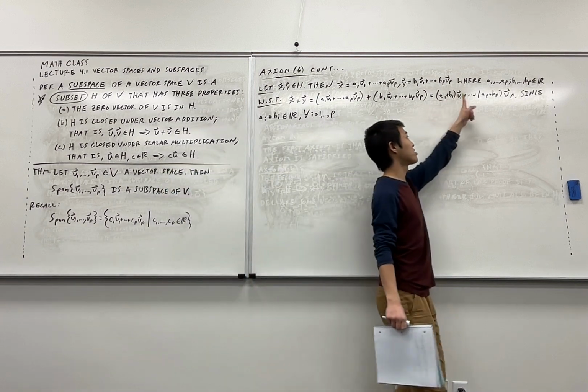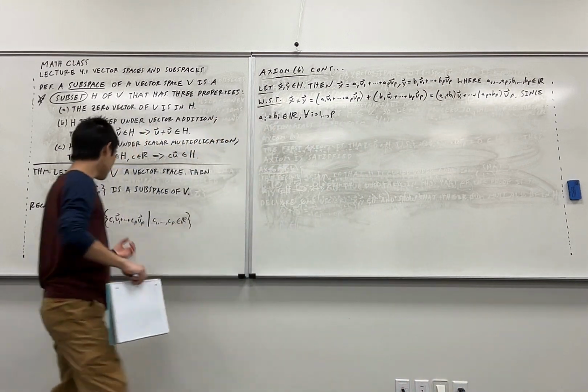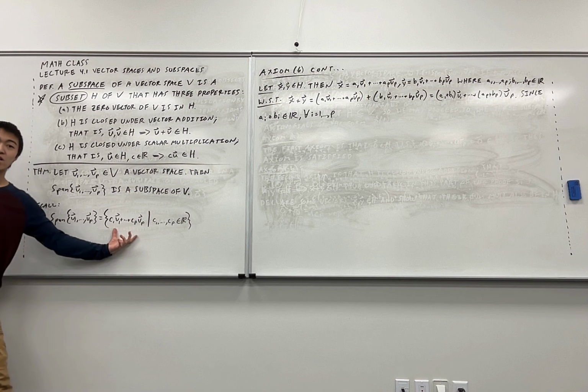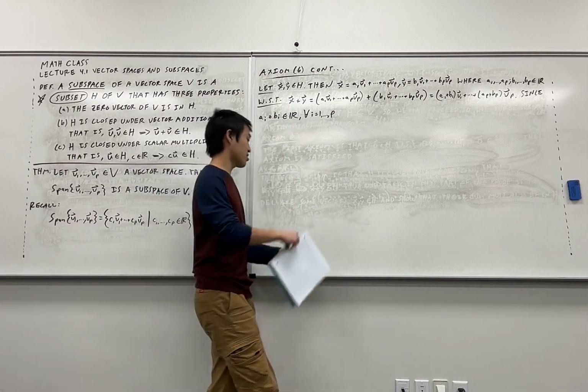So that's all of these coefficients in the sum, which satisfies the very definition of span, or not span, but being a member of span. This is a linear combination.